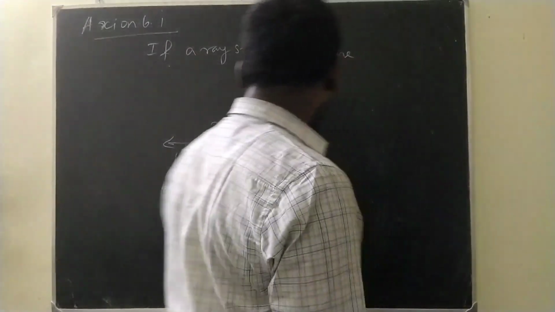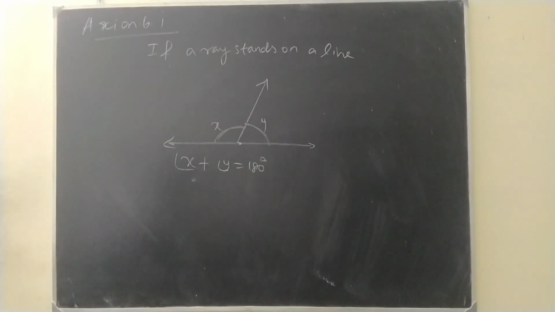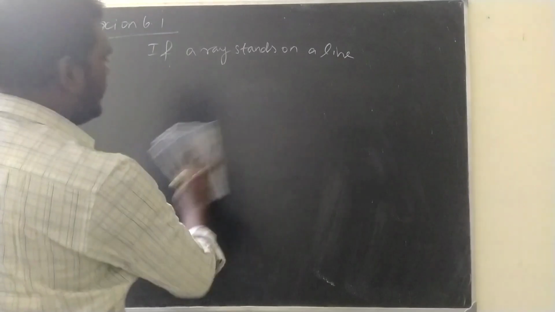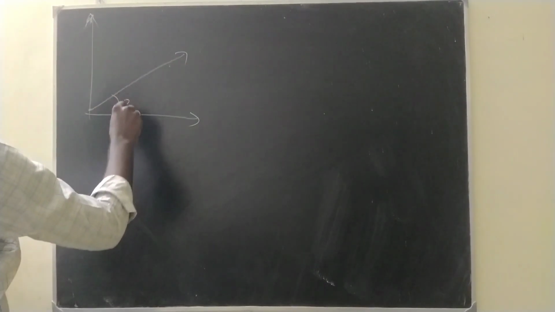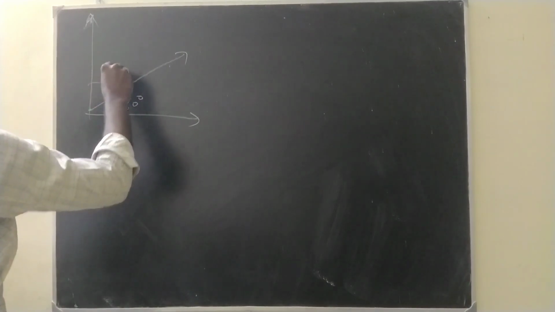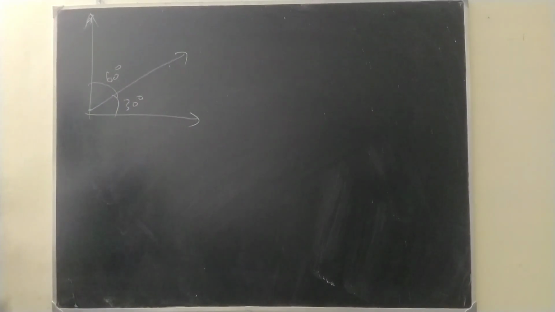Okay, then see these examples. You should say what type of angles they are. This is like one angle. One is 30 degrees, another one is 60 degrees. What type of angles are these?